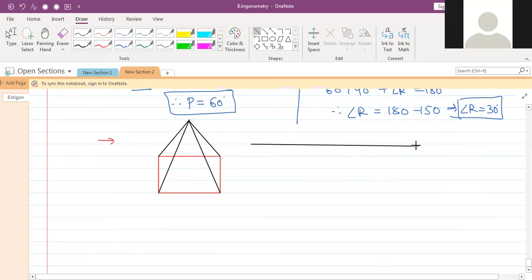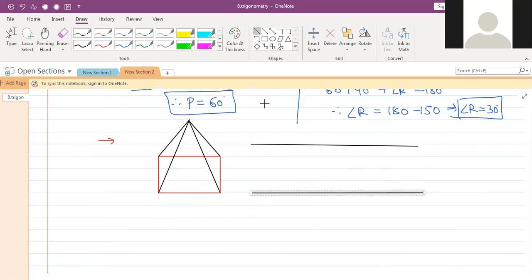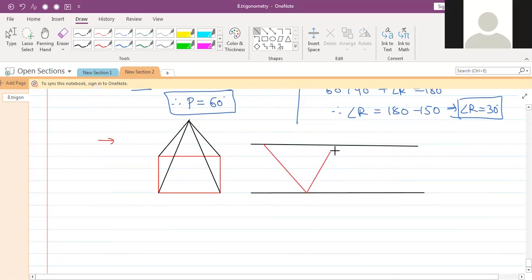In most bridges you see this kind of design. Actually, this design is for the strength of the bridge, because a triangle is the strongest structure. We can see this kind of design in some kinds of bridges. They use different designs according to the load of the bridge. So that is an application.